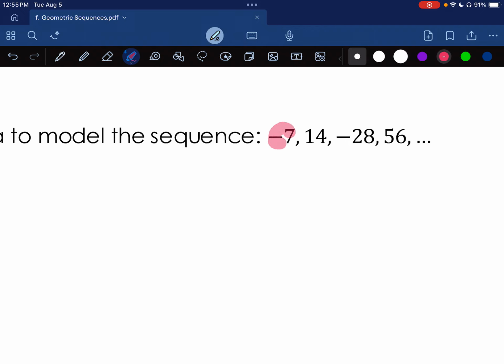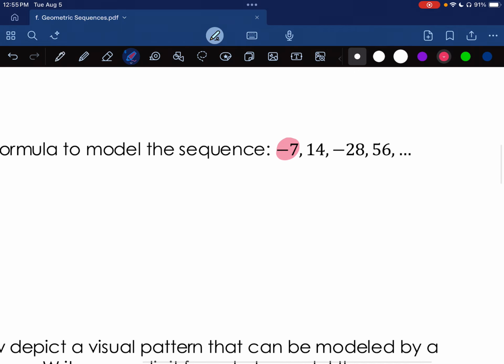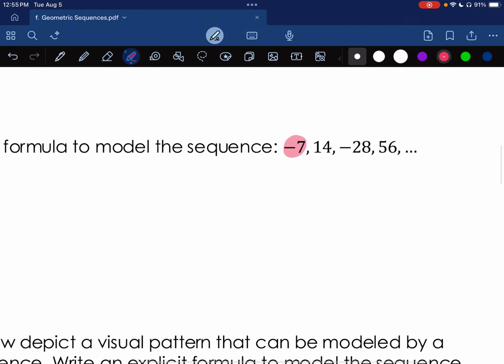But then we need to think about how it is changing: from -7 to 14, from 14 to -28, from -28 to 56. What's happening here is we are multiplying by -2.